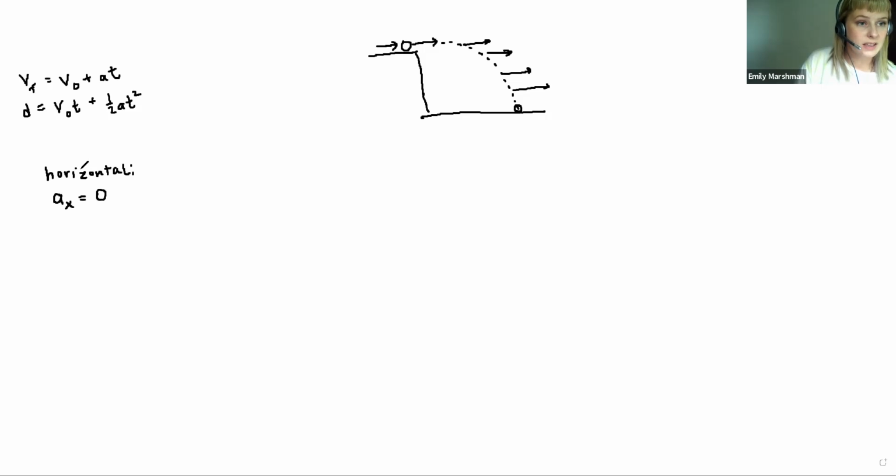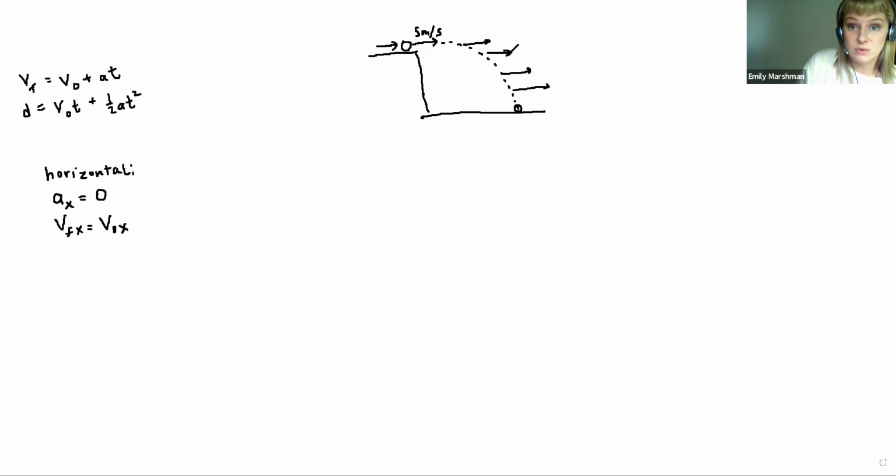So if I apply that to my first kinematics equation, that tells me that V final in the x direction is equal to V initial in the x direction. That's weird. But all that is telling you is that whatever initial horizontal velocity this object has when it leaves the table, let's suppose it leaves the table with a velocity of 5 meters per second to the right, horizontally, it maintains that horizontal velocity throughout its entire trip.